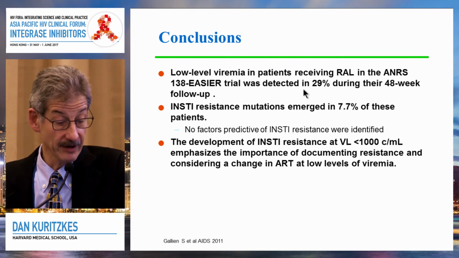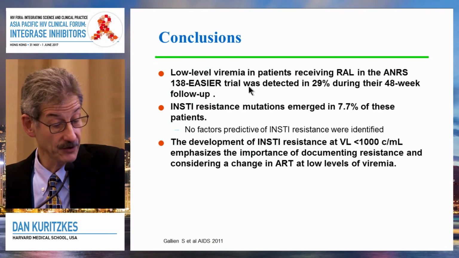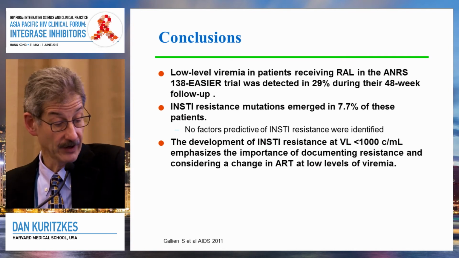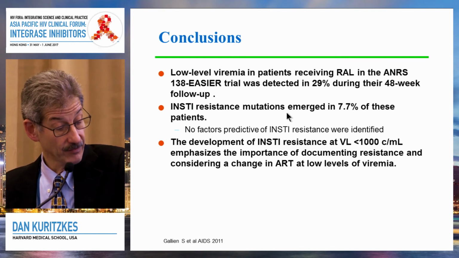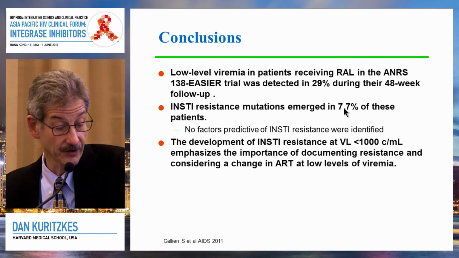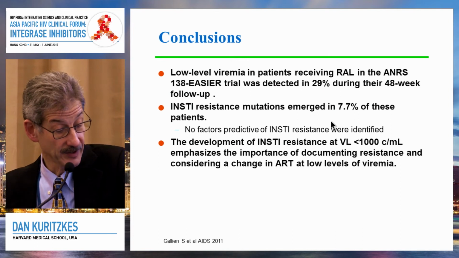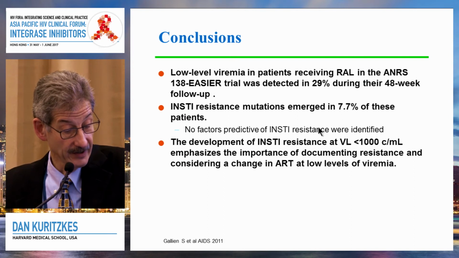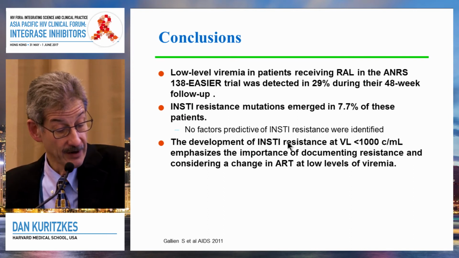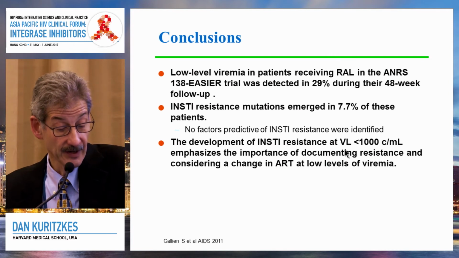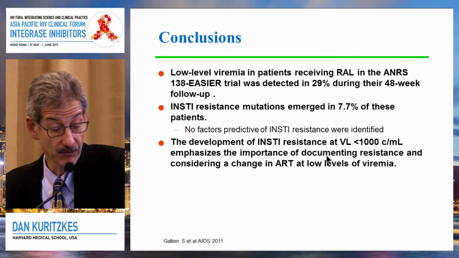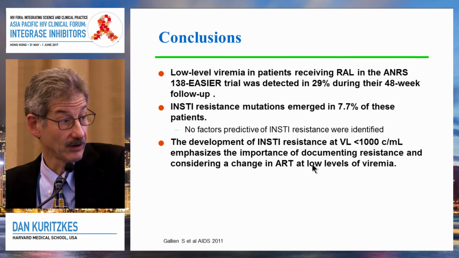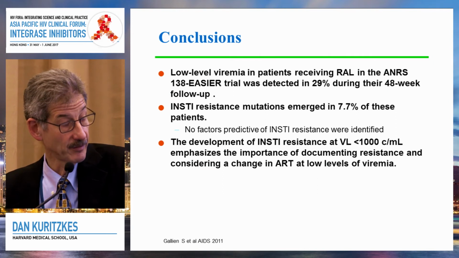So low-level viremia in patients receiving raltegravir in the Easier trial was detected in about 30% of participants during the year of follow-up, and resistance mutations emerged in just under 8% of these participants, but we couldn't identify any specific risk factors for finding resistance in low-level viremia. So the development of resistance in such patients emphasizes the importance of documenting resistance and considering a change in treatment at low-level viremia, certainly if it's confirmed above 200 copies.